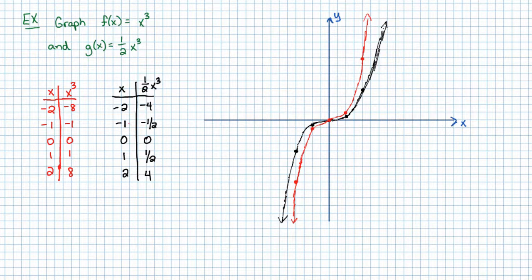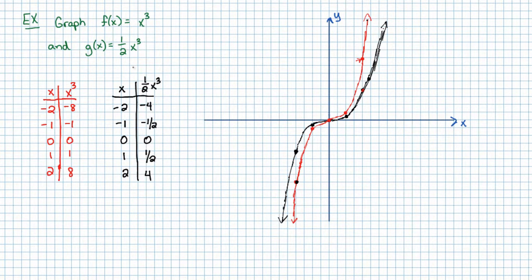If you think about it, 1/2 of that means that the stuff that was originally at this height right here is now, for the black curve, half that height. The stuff that was originally at this height right here is now at half that height, somewhere down there. Same thing for the stuff along the red curve right here, and so on and so forth. Everything gets half of its original height.